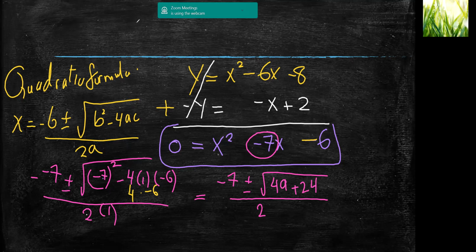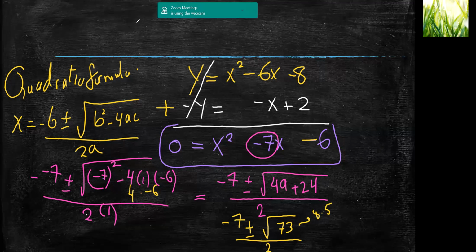Now 49 plus 24, it will be 73. So, -7 plus or minus the square root of 73 over 2. Now, the square root of 73 is 8.5. So what does it mean?